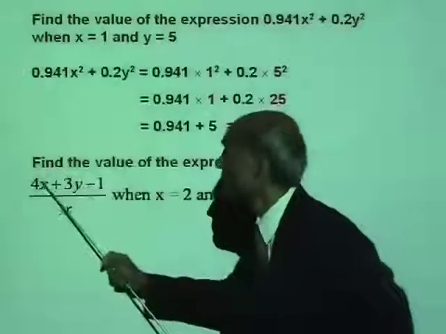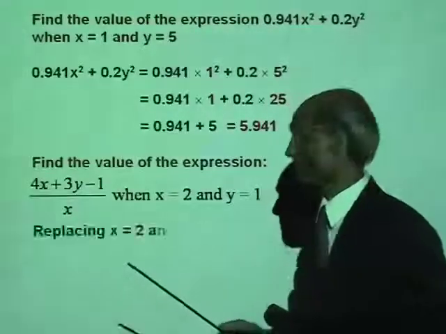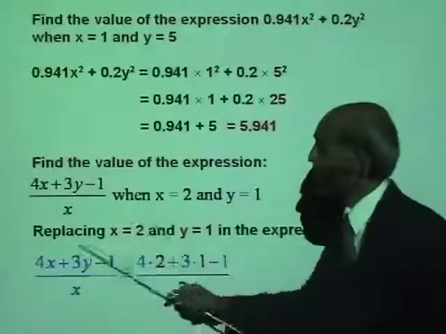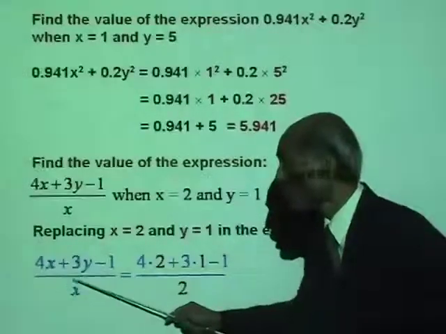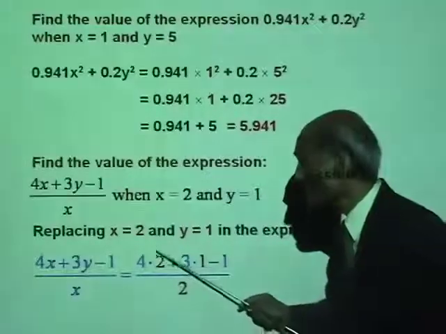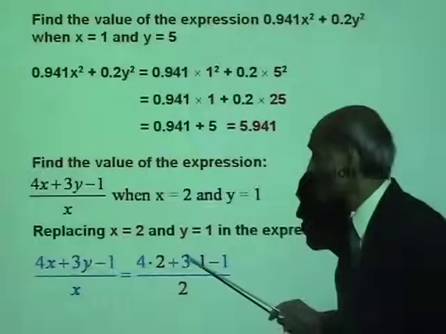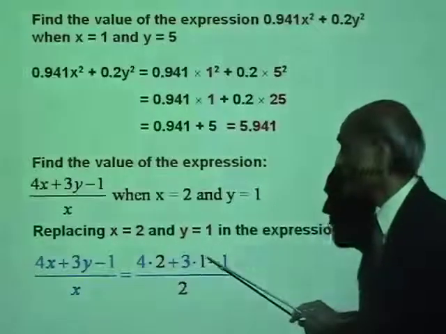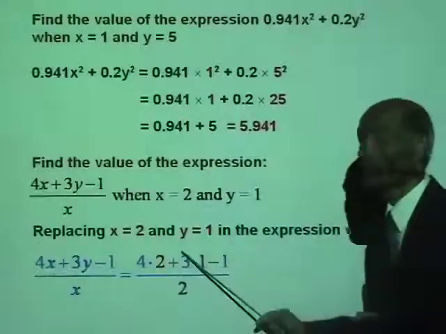Replace your x by 2 and y by 1. So 4x plus 3y minus 1 all over x now becomes 4 times 2 plus 3 times 1 minus 1, and that is the numerator.